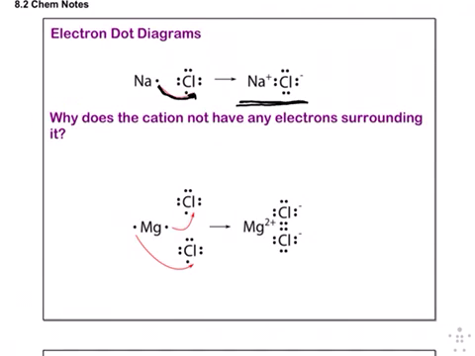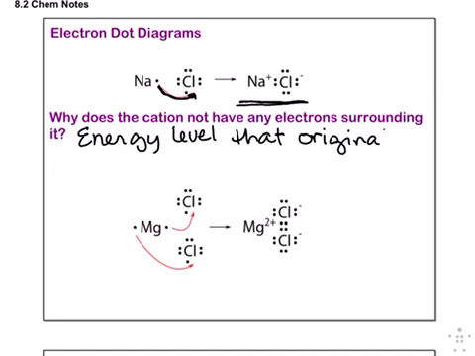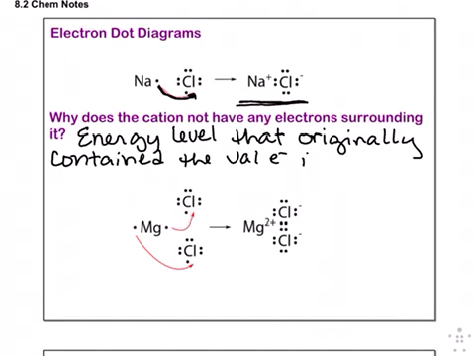The way that they word it is that the energy level that originally contained the valence electrons is now empty. And that emptiness is shown by not writing any electrons around the cations.